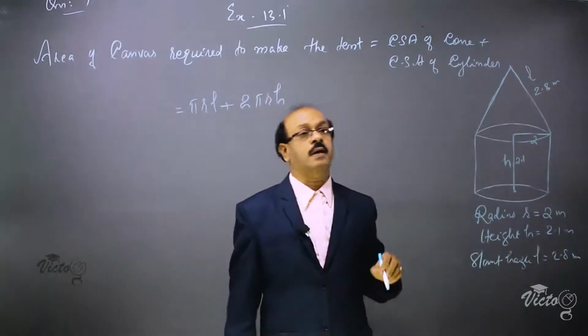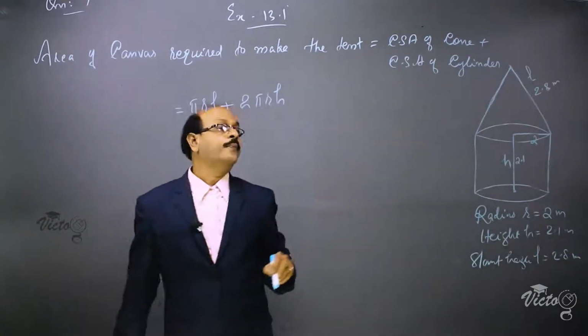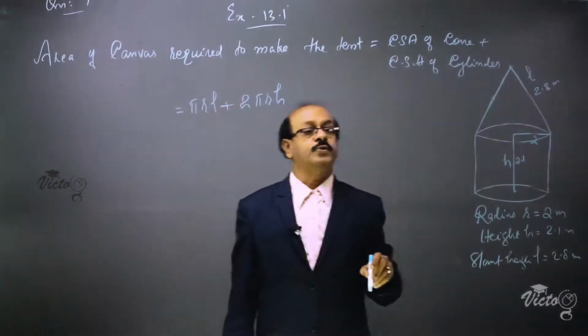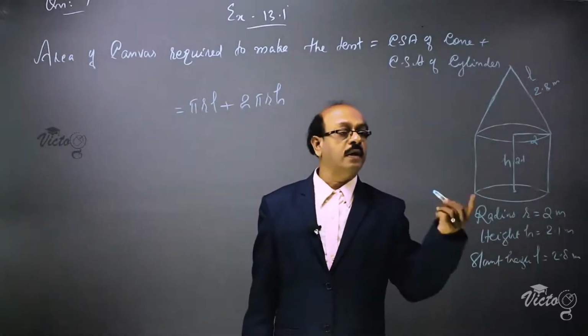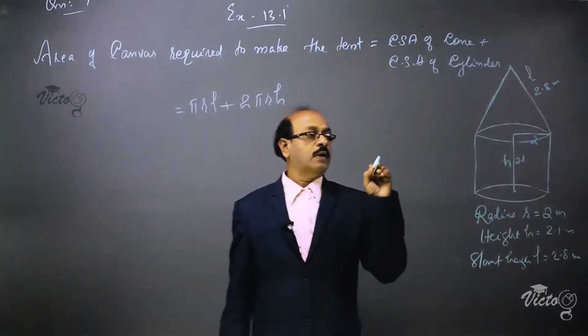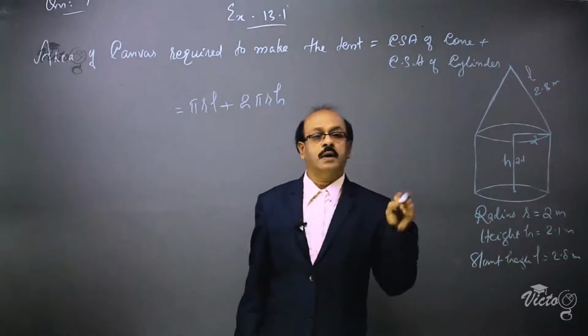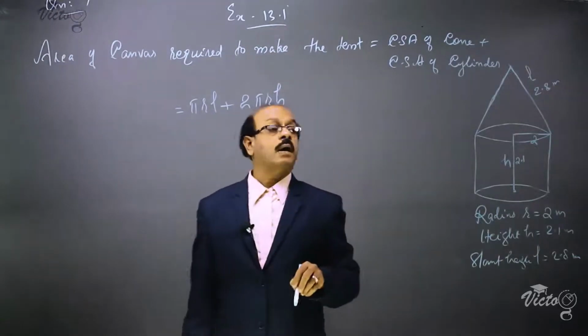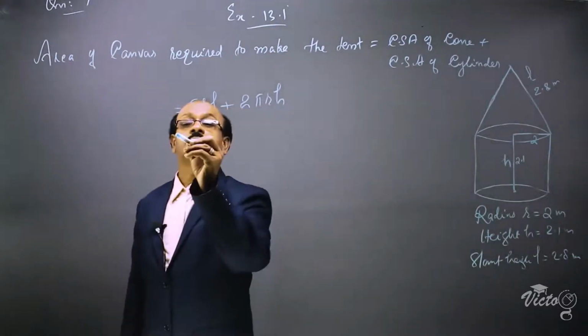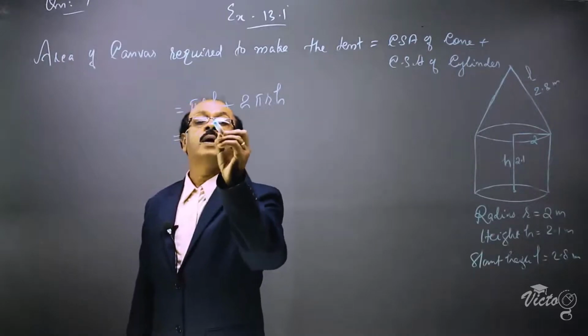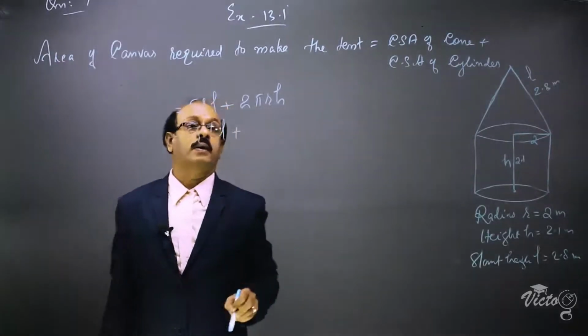All the measures are given. Here also the diameters of the two solids are equal, means radius of cone and radius of cylinder are equal. So, we can take pi r as a common factor from these two terms. Taking pi r as common, the remaining is L plus 2h.